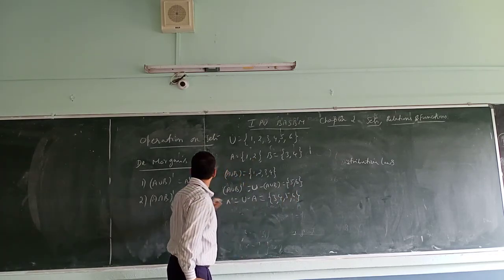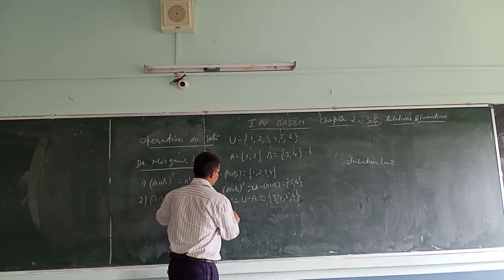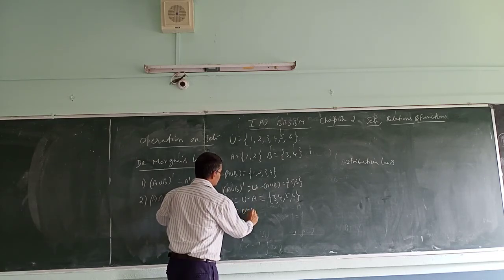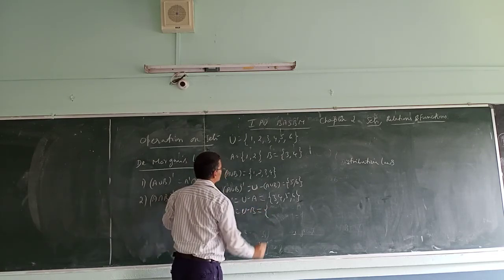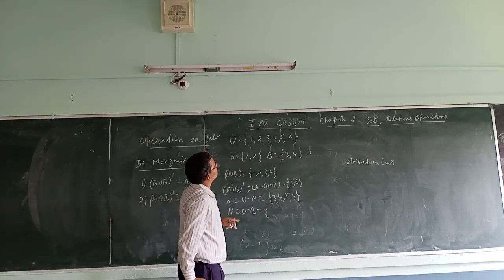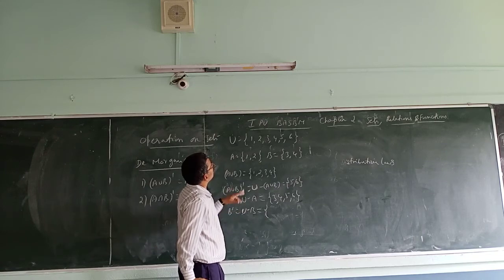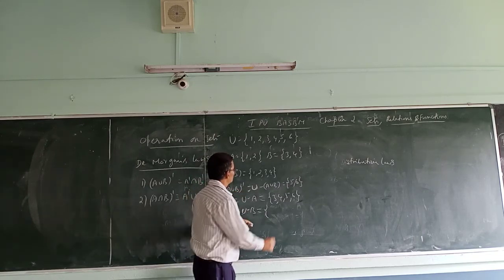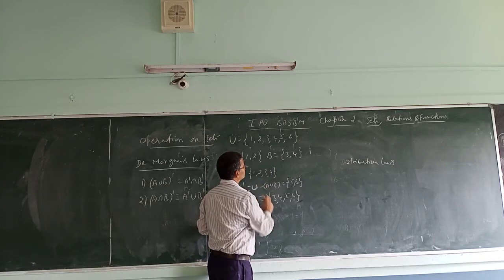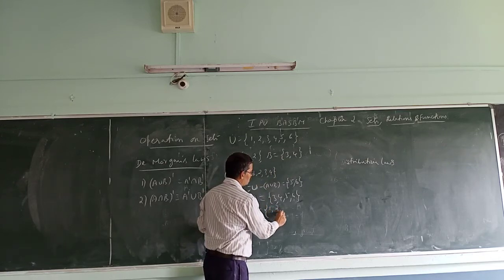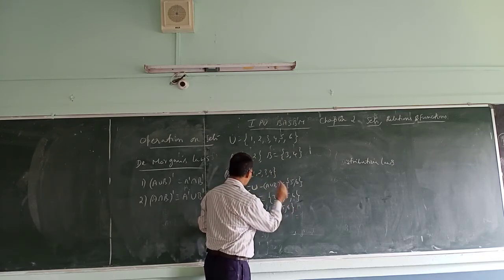Similarly, what is B dash? B dash is U minus B. U is {1, 2, 3, 4, 5, 6}. Remove the elements of B, that is 3, 4. So remaining is {1, 2, 5, 6}.